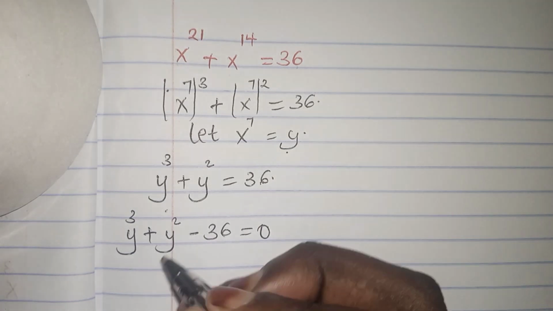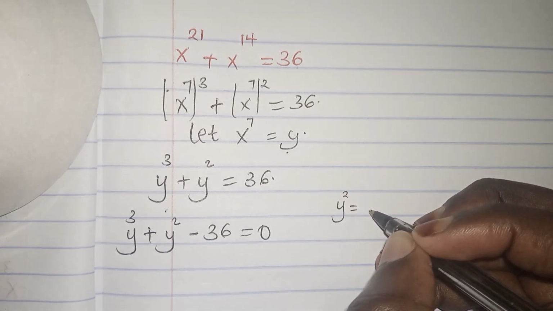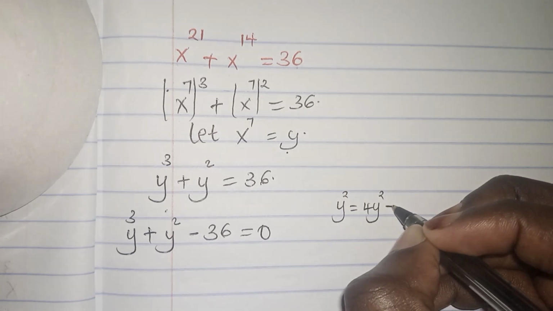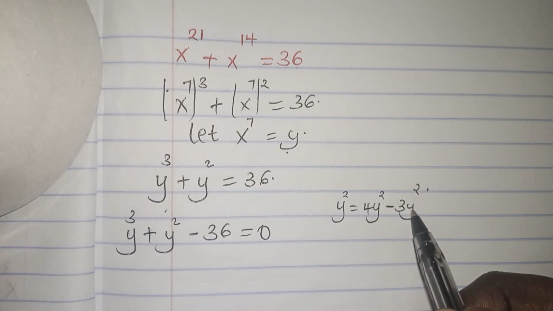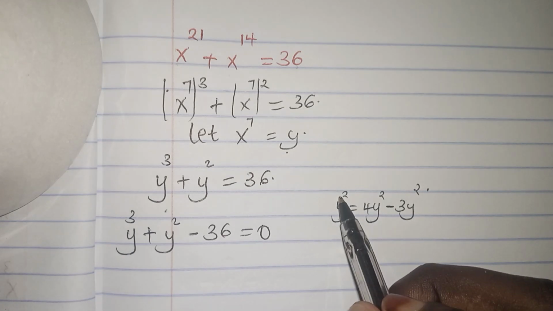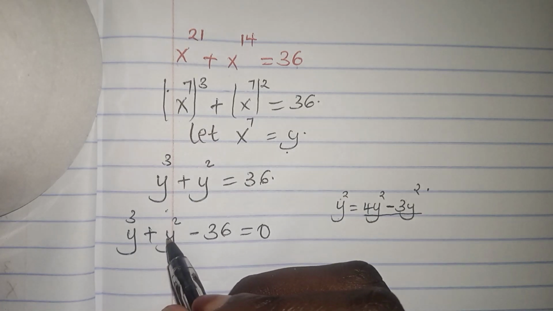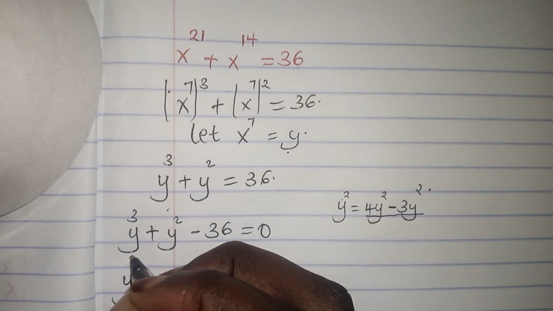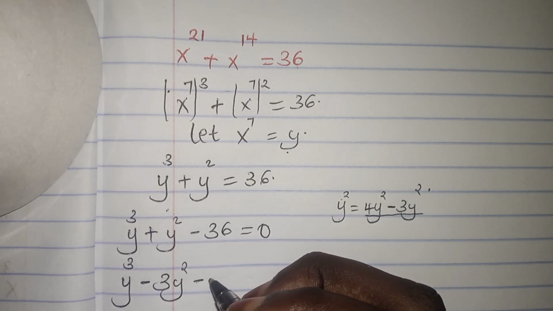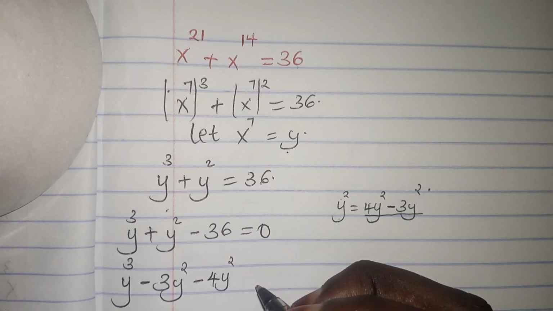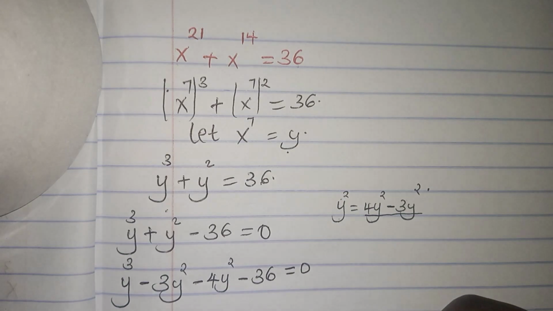Okay, we have y^2 here. So y^2 is the same as 4y^2 minus 3y^2. If you have 4y^2 minus 3y^2, you're getting y^2. So we are going to substitute this where there is y^2 in our equation. So this will be y^3 - 3y^2 + 4y^2 - 36 = 0.